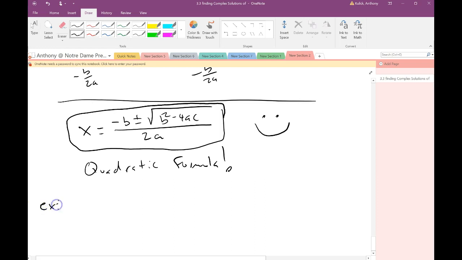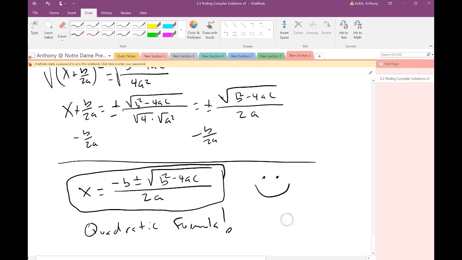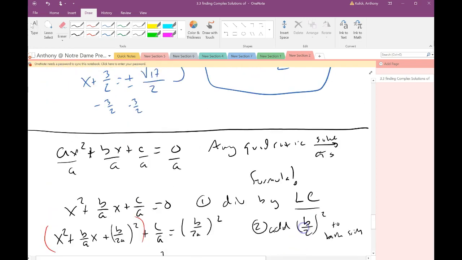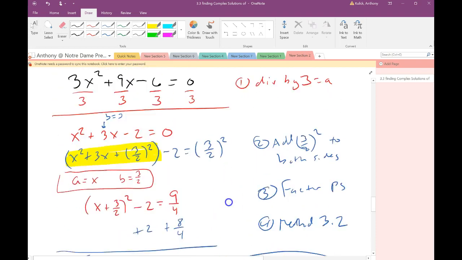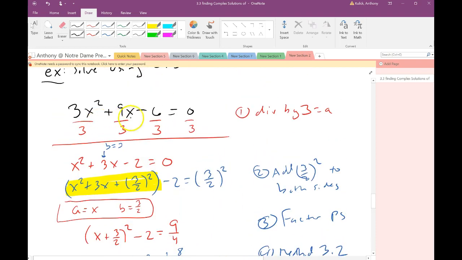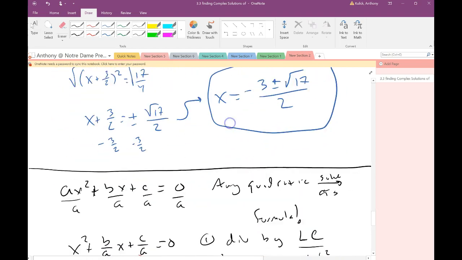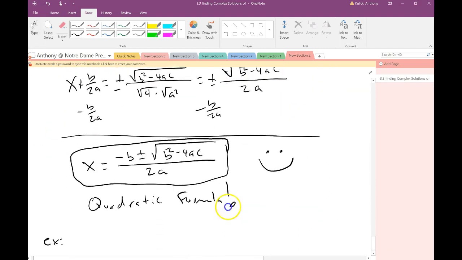So let's look at an example. Remember before, we solved 3x squared plus 9x minus 6 equals 0. Well, we can do that also using the quadratic formula.